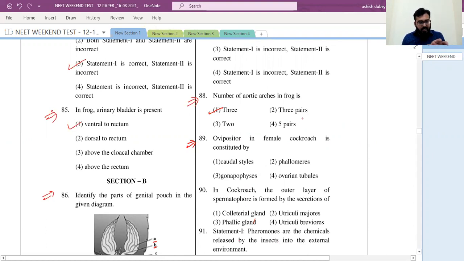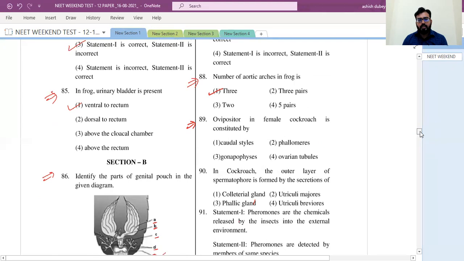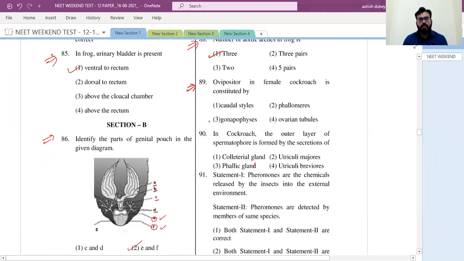So there may be some confusion to choose between these two, but your concept should be clear that caudal style is not going to be the answer because it is found in the male cockroach. Now ovarian tubules are found in the ovaries. So the ovarian tubules are the site of formation of egg, not the laying. Okay, so gonapophysis are having ovipositor in them. So the answer should be 3rd.